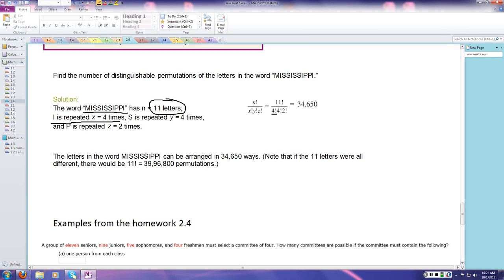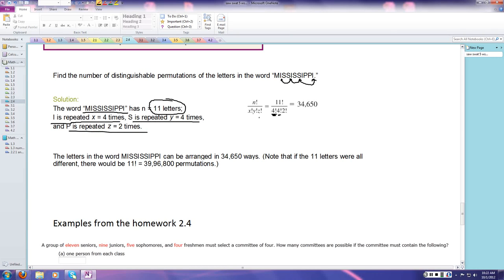Because if I switch the letters I and I still have Mississippi. If I switch it with this I still have Mississippi. And this I still have Mississippi. So you cannot tell when I switch the I's. That's why you divide out by the number of I's you have, factorial. S is repeated 4 times, so that's why you have a 4 factorial here.